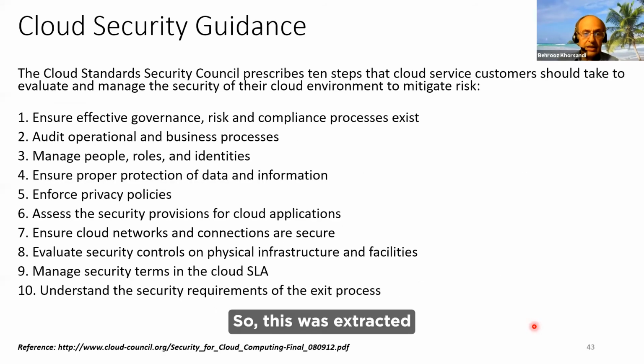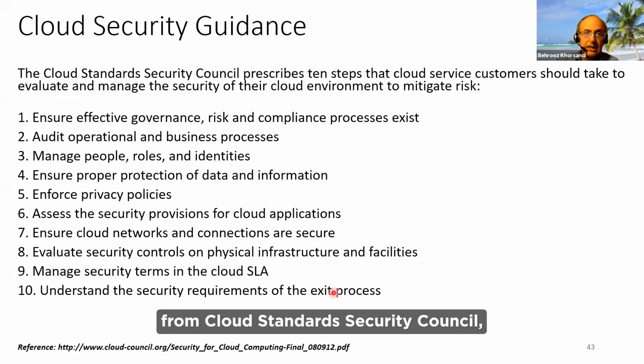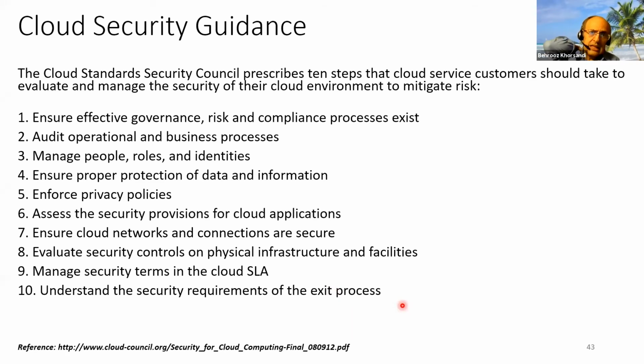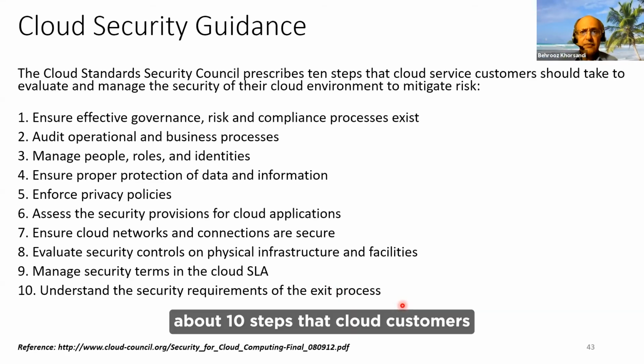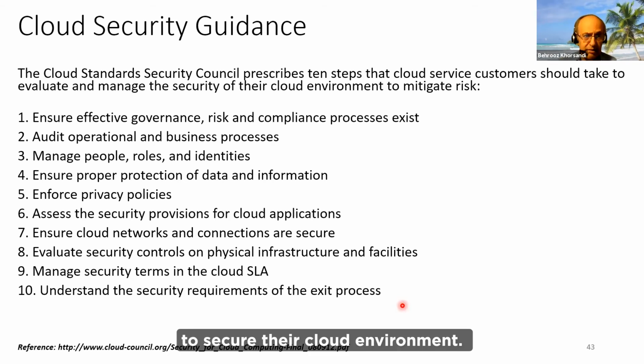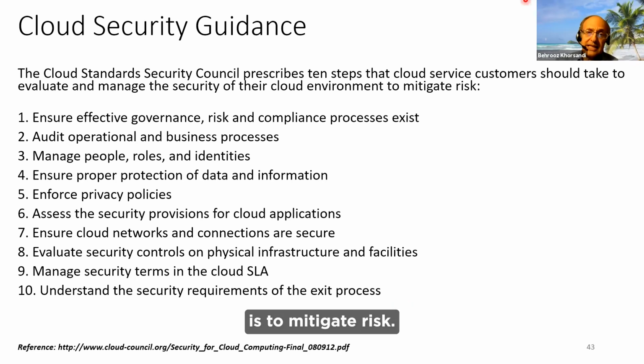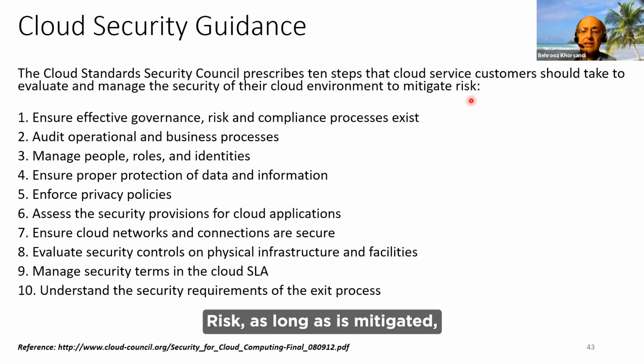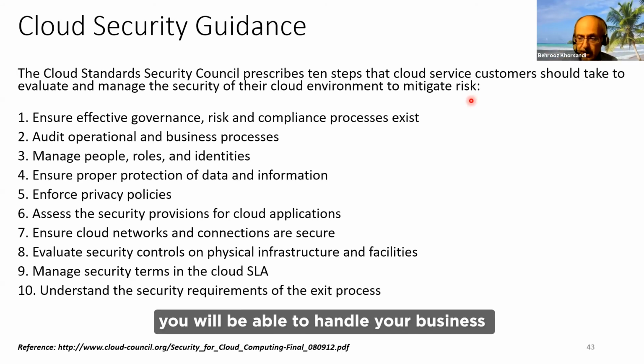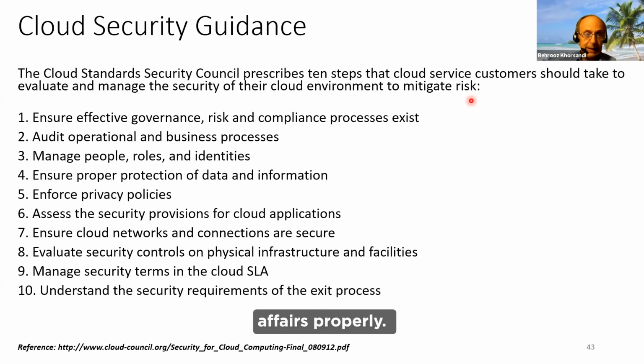So this was extracted from the Cloud Standards Customer Council, about 10 steps that cloud customers should take to evaluate and manage the security of the cloud environment. And the whole purpose is to mitigate risk. As long as risk is mitigated and managed, you will be able to handle your business affairs properly.